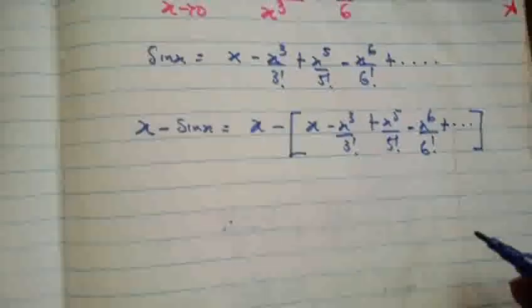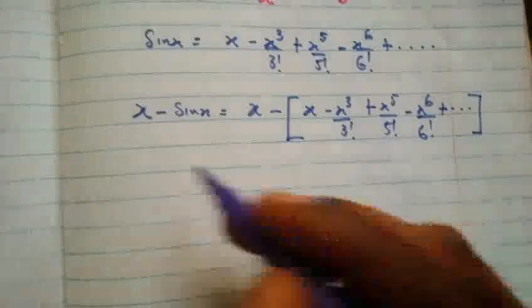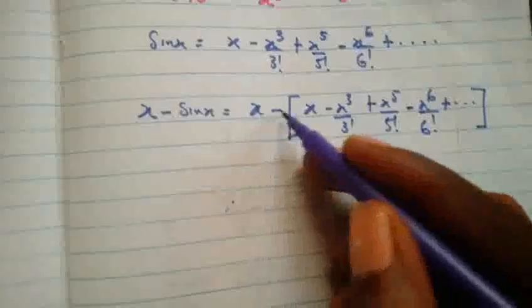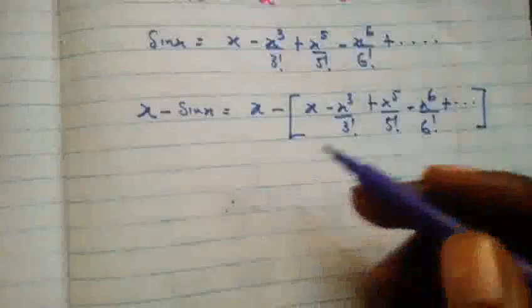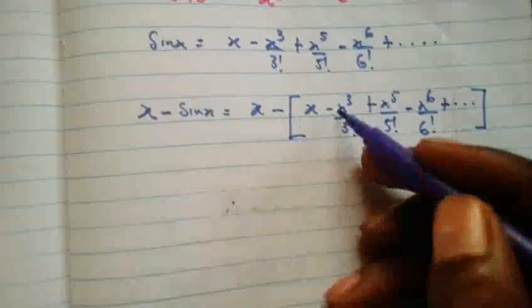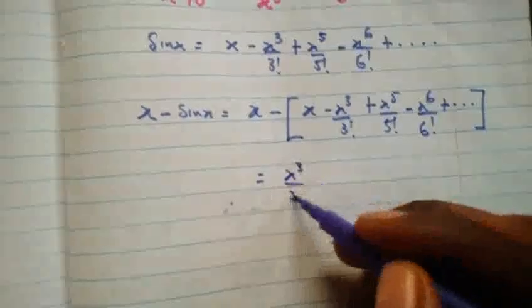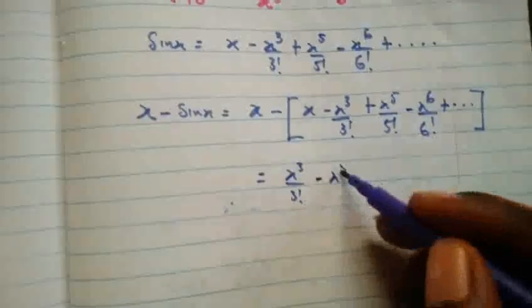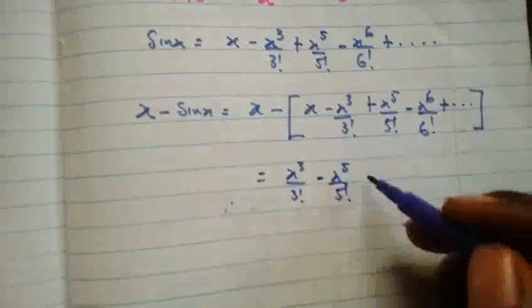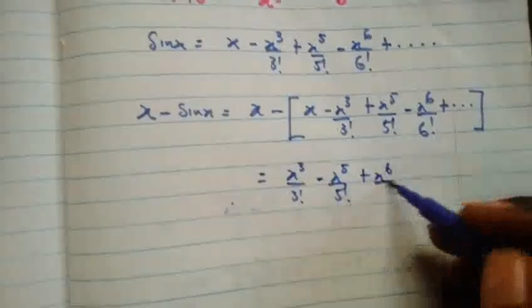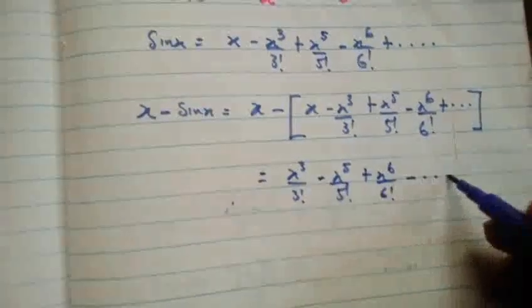Now simplifying this bracket, x minus x here is 0. We're using this negative sign to open up this bracket, so the signs here change. So we have this equal to x cubed all over 3 factorial minus x raised to the power 5 all over 5 factorial plus x raised to the power 6 all over 6 factorial minus, and so on.